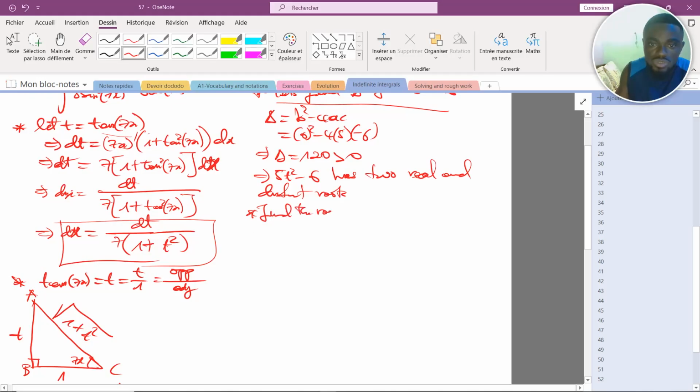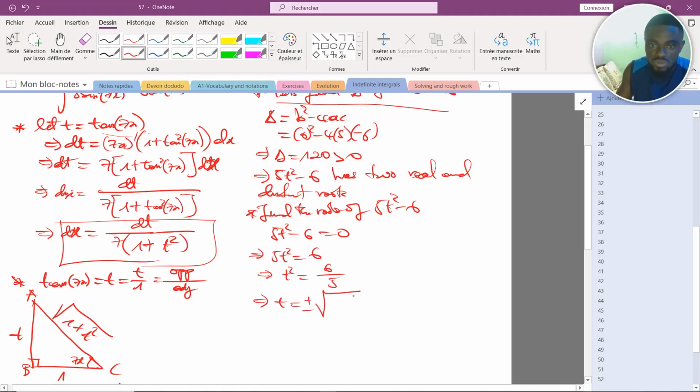Finding the roots of 5t squared minus 6 simply means you are solving 5t squared minus 6 equals 0. You can decide to use the formula, but there's no need of wasting time using the formula here. This implies 5t squared will be 6, implying t squared will be equal to 6 on 5. This implies t will be equal to plus or minus the square root of 6 on 5.